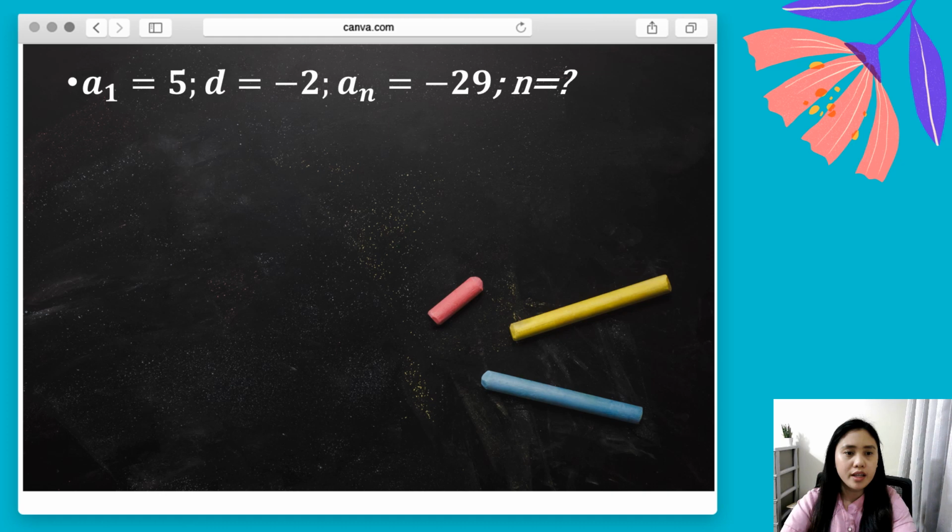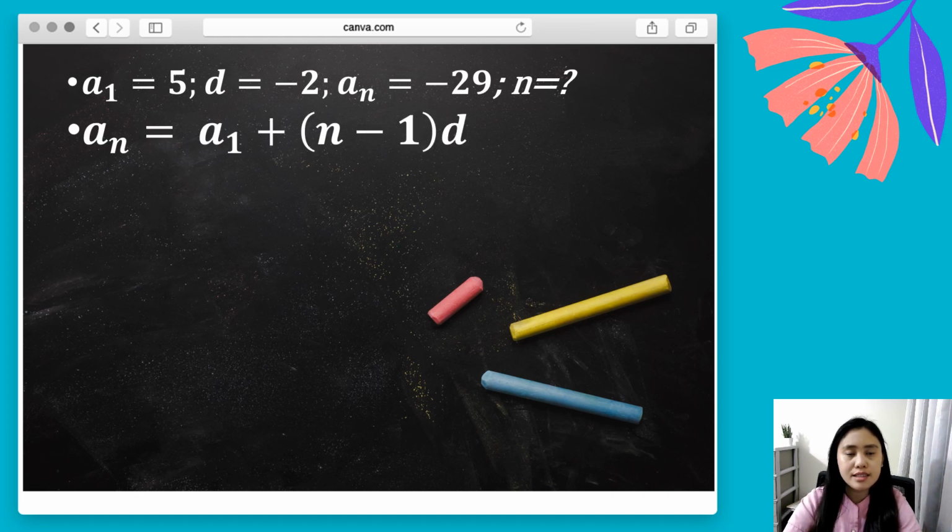Given a sub 1 is equal to 5, common difference is negative 2, and then the a sub n is equal to negative 29, let's find the value of n, because the n will tell us the order of this term negative 29. So, using the formula a sub n is equal to a sub 1 plus quantity n minus 1 times d, we substitute the values of a sub 1, common difference, and the a sub n.